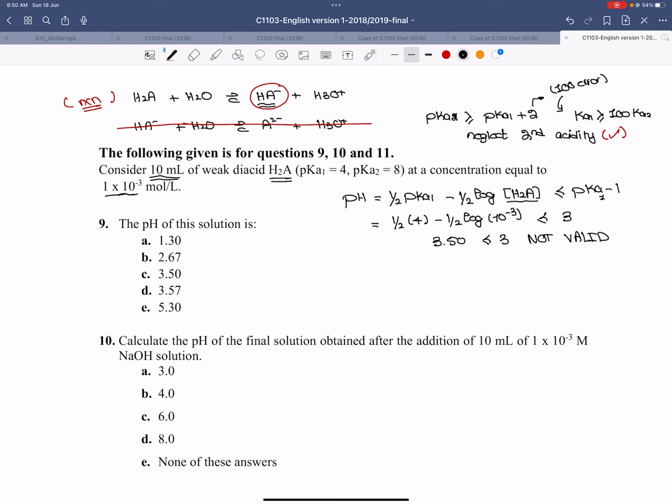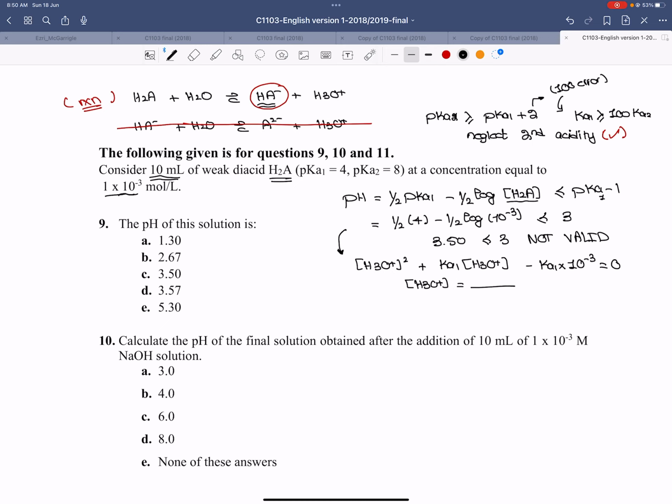Since you cannot neglect it, what you do is that you move to the quadratic, which states that H3O plus squared plus Ka1 H3O plus minus Ka1 times the concentration of H2A, which is 10 to the negative 3, equals 0. Find the value of H3O plus.